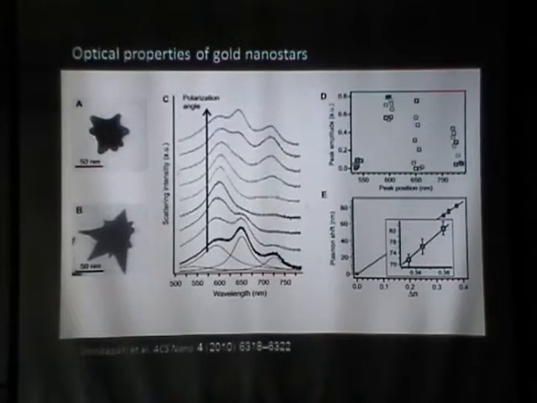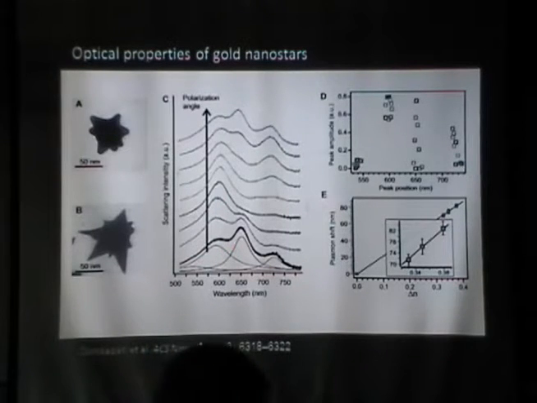We did it, just to test some new particles, with what we call nanostars, which are like a sphere with a lot of protrusions in different directions. With this complex geometry, they have a lot of resonances. Here you can see the resonances of one of these as a function of the polarization.